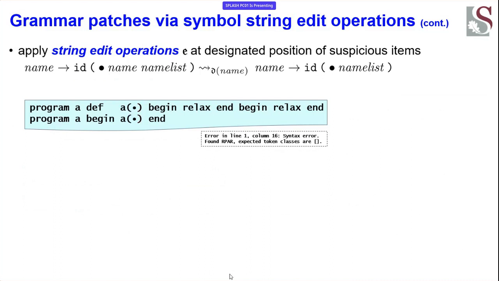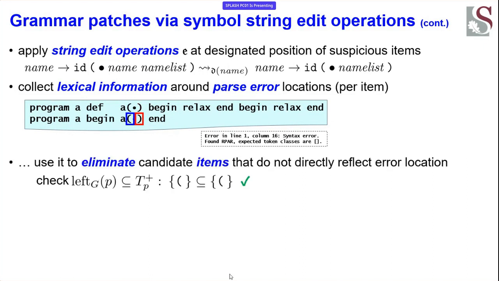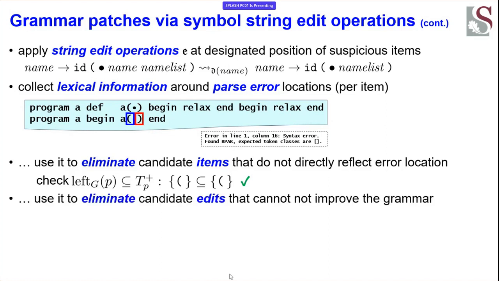So we patch this by deleting one symbol. We go about as before. We collect the lexical information around the parse error. We check that the left set is contained in the good tokens, so the error is achieved through that rule.